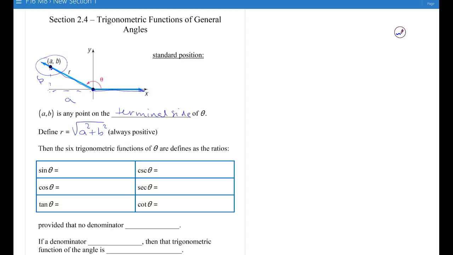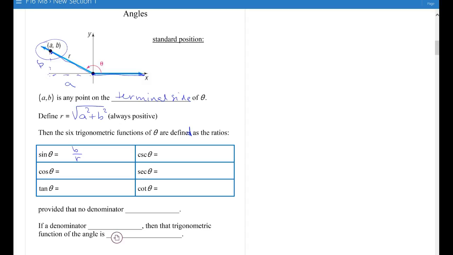So then the 6 trigonometric functions of theta are defined as the ratios. The sine of theta is going to be b over r. And you can see that in this quadrant, that's going to be a positive quantity. And the cosecant will be r over b, since that's the reciprocal.